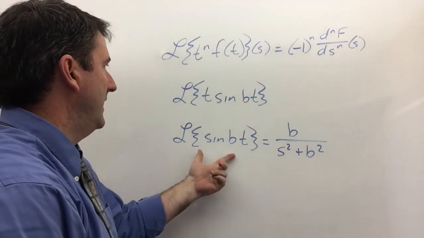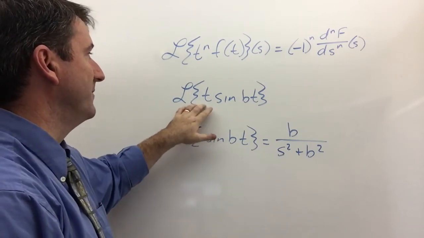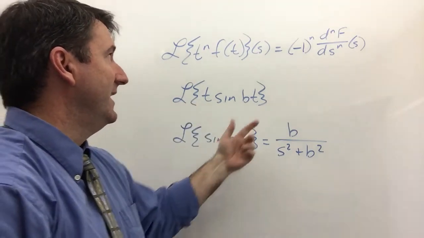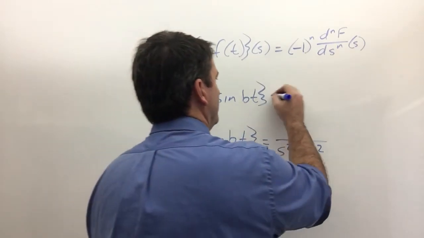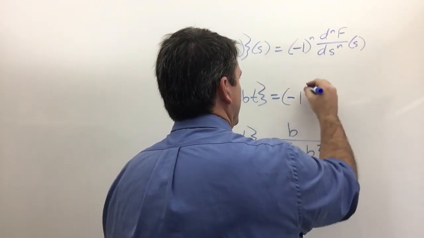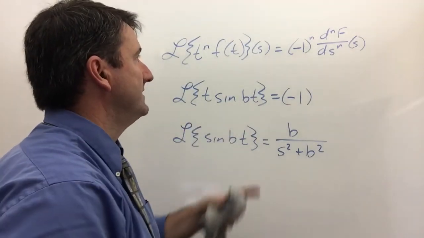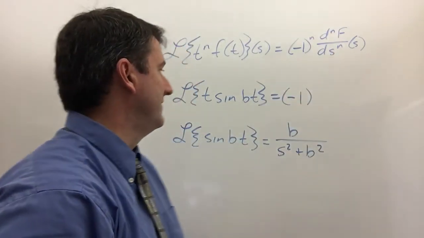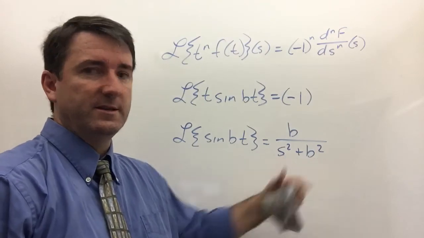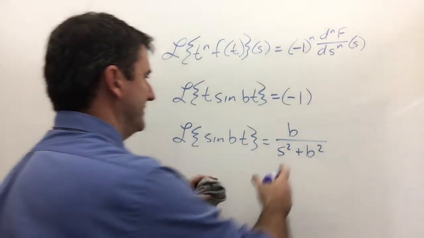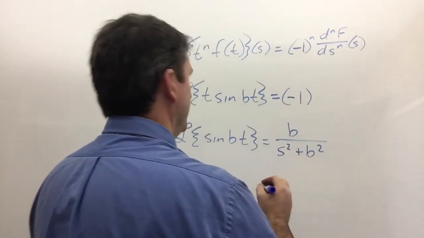So the Laplace transform of t times this is going to be equal to negative 1 to the first power, because this is t to the first, times the first derivative of this Laplace transform.